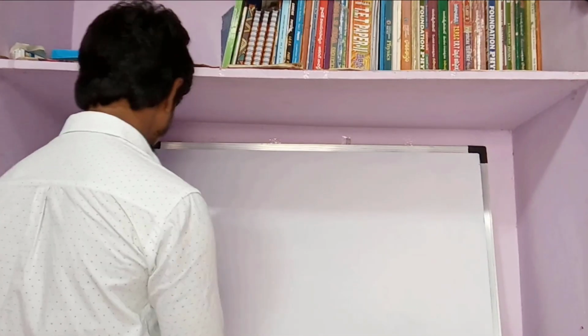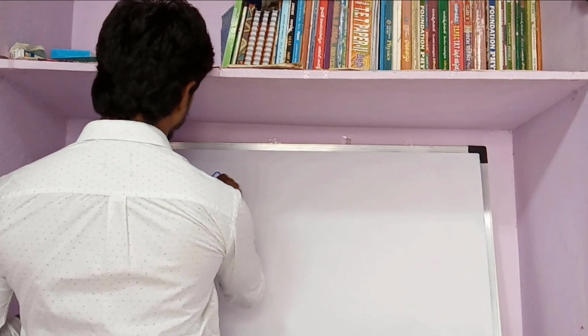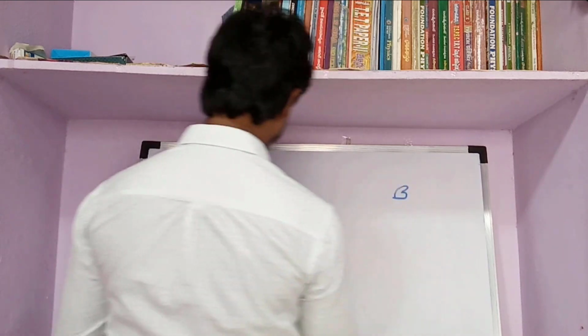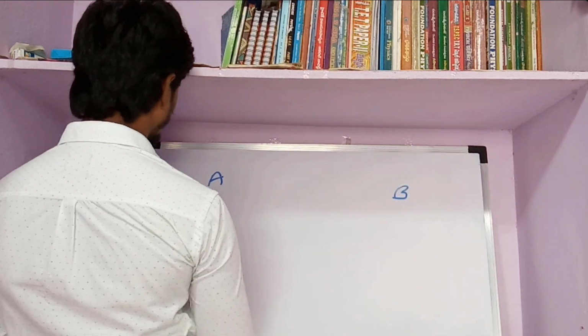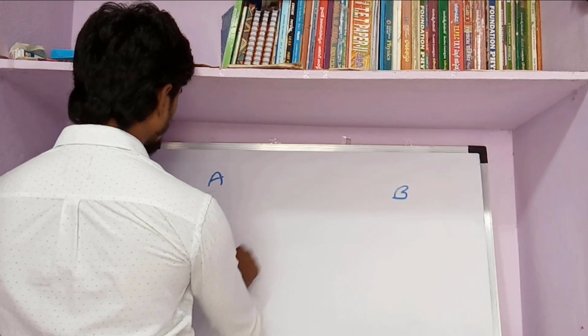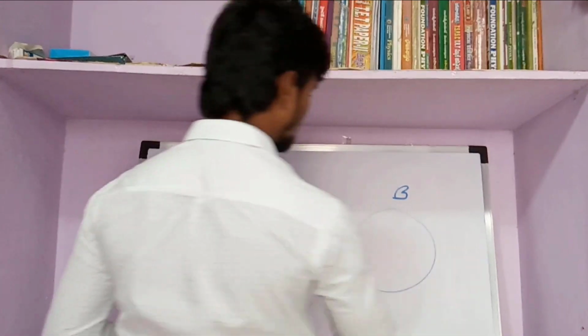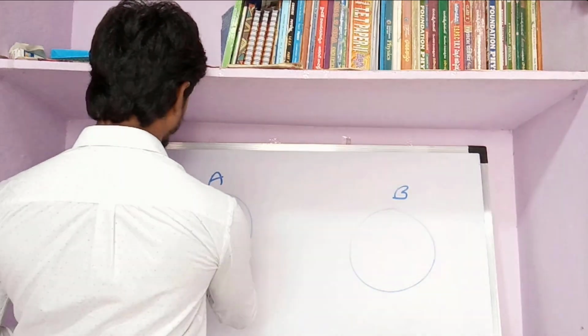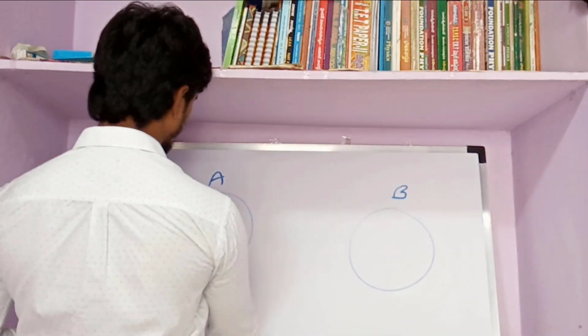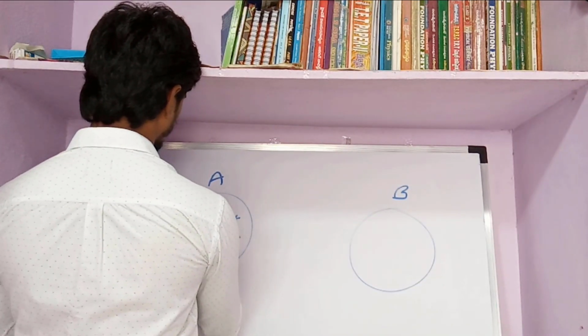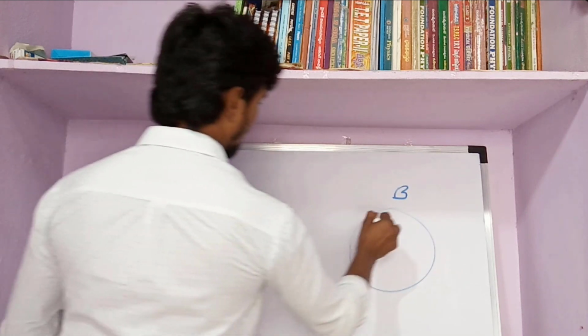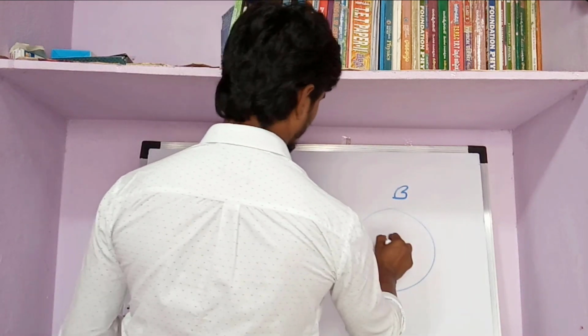Let's consider two points A and B. Say this is point A and this is B. A has a majority of positive charges and B has a majority of negative charges.